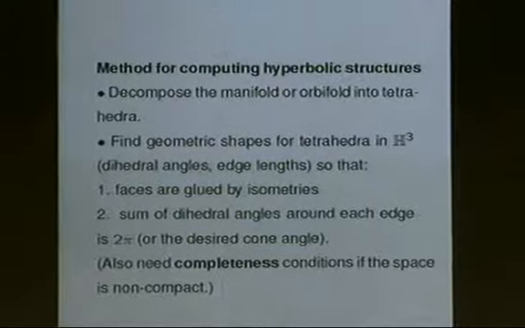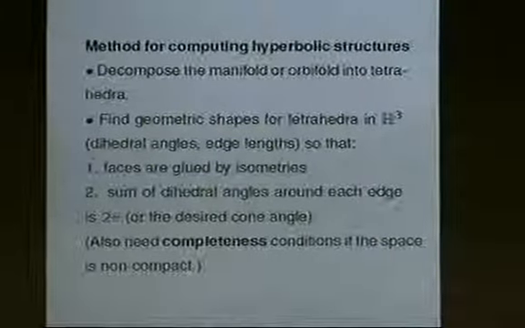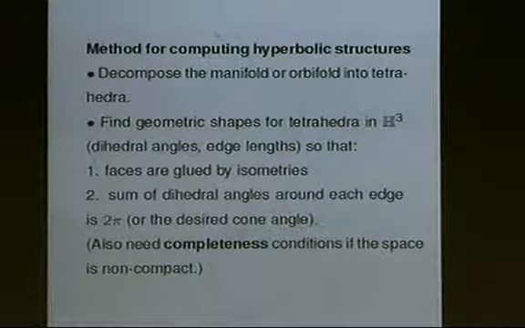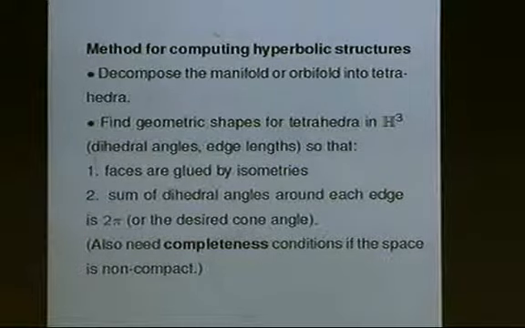So how can we compute hyperbolic structures on these things? Well, the idea is the same as usual. We start by decomposing our manifold, or in this case our orbifold, into tetrahedra. Then we want to find shapes for the tetrahedra. So for instance, you need to know the dihedral angles and the edge lengths so that we can glue the faces by isometries.